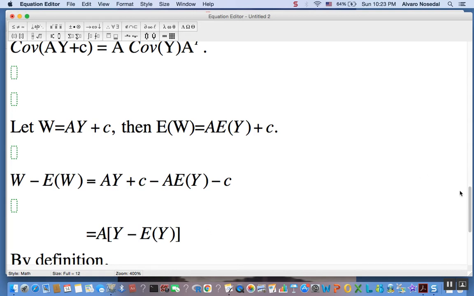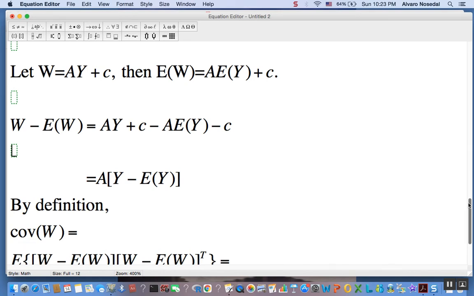Okay, now as I said, we would like to apply that definition. Remember that the definition is the expected value of W minus the expected value of W, times W minus the expected value of W, transpose. So we want the expected value of that product, okay?